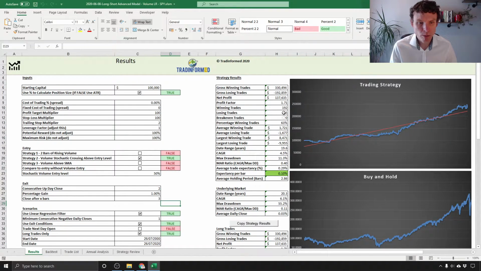Again, higher net profit, decent expectancy per bar. So each trade is staying open for an extra 2 days, 2 bars. So holding up our expectancy per bar means our average trade expectancy is good, just under 0.29%.